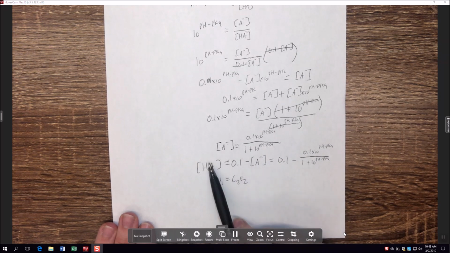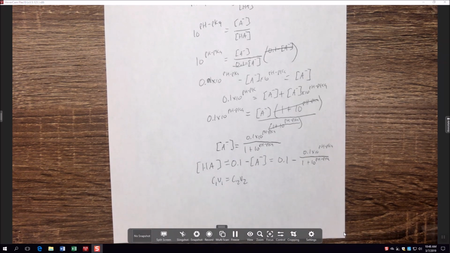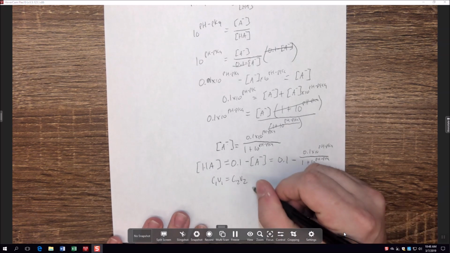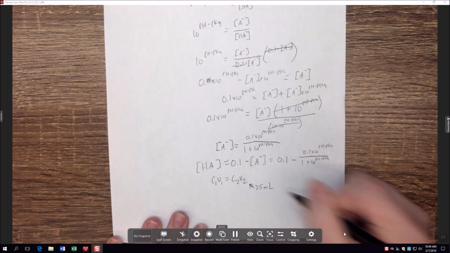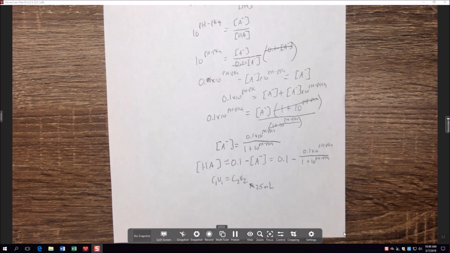So in this case, your C2 will be your concentration of A minus or HA. Your C1 will be your initial concentrations, which are both 1 molar. Your V2 in all solutions, as it says in the manual, is 25 milliliters total. And your V1 is the variable that you'll be solving for. So it's important to remember that your total volume will be 25 milliliters.